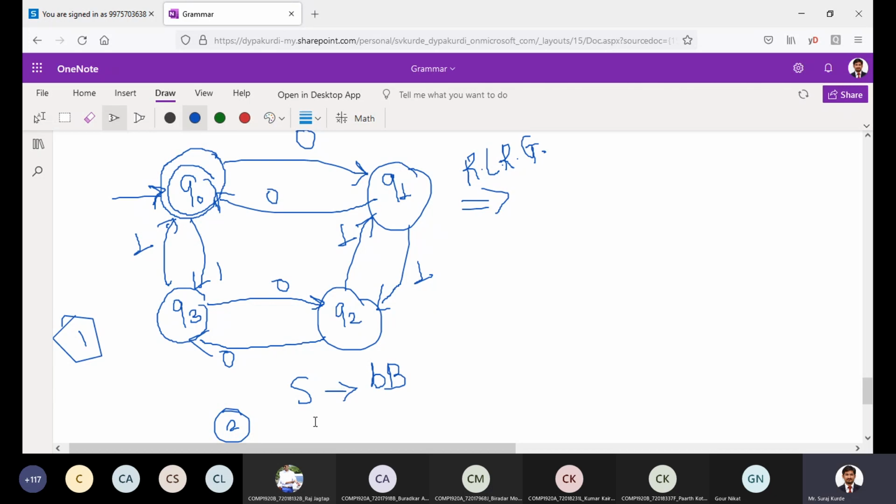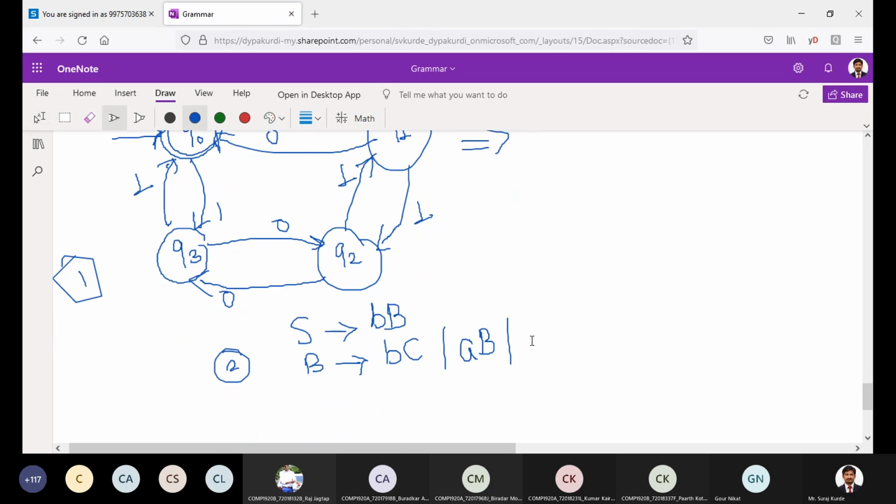It just produces B, capital B. It produces B, capital C, or it may produce B. Let's say it has a self loop, and I can have, let's say, small c, capital C, A or B.